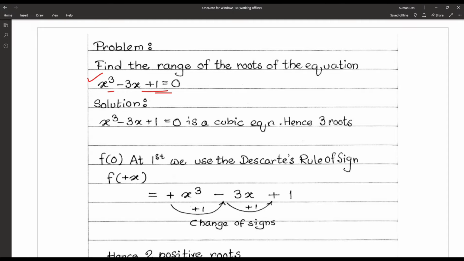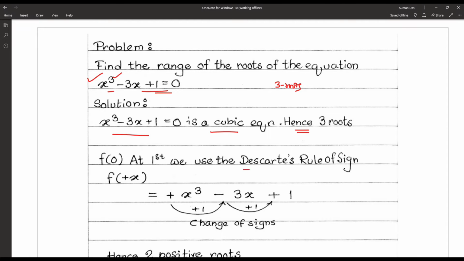As we know, the variable x has the maximum power 3, so it has 3 roots. Obviously it has 3 roots. So x cube minus 3x plus 1 is equal to 0 is a cubic equation, hence 3 roots are there.